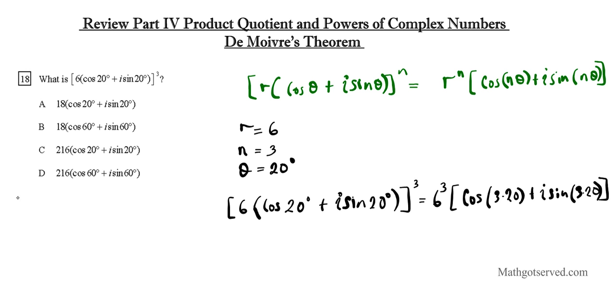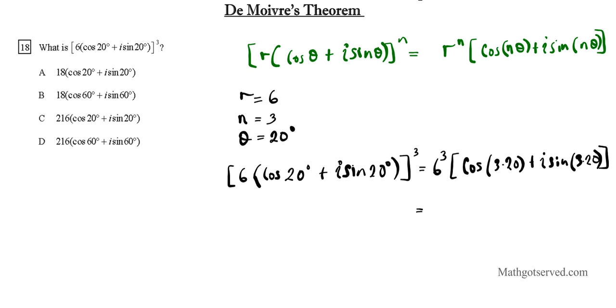So it's going to become 6 to the third, which is 36 times 6, is 216, times cosine 3 times 20, which is 60 degrees, plus i sine 60 degrees. All right, so that's the answer. So our answer for question number 18 is D.